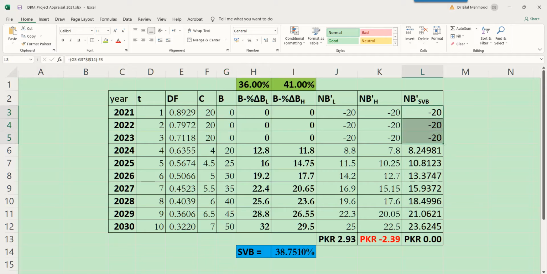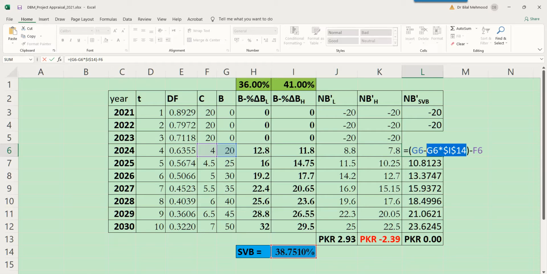So they are as the original net benefits were, but this will change because in this case there is a decline in the benefits by 38.7510%. As you can see in the red color, the switching value is shown, and this is the benefits value.